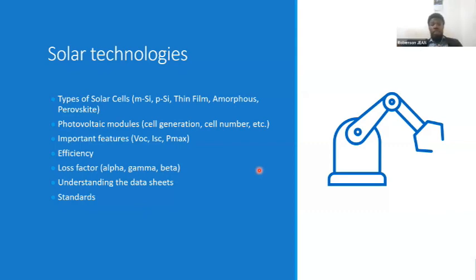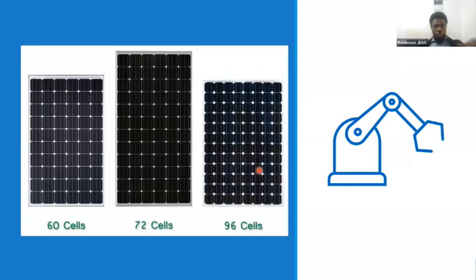So there are many types of cells, and there are many types of photovoltaic module. First, we know that the basic unit of a photovoltaic module is the solar cell, where the photovoltaic effect is carried out.